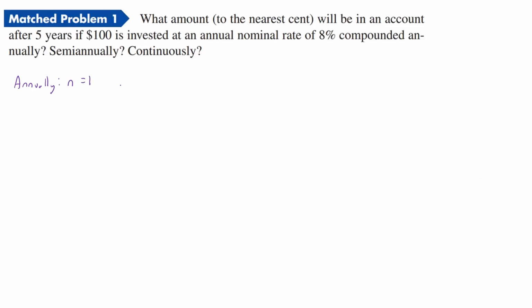Our equation is just using compound interest: a principal of $100 times (1 + 0.08/1) to the 1 times 5 years. We can plug that in our calculator and get a value.